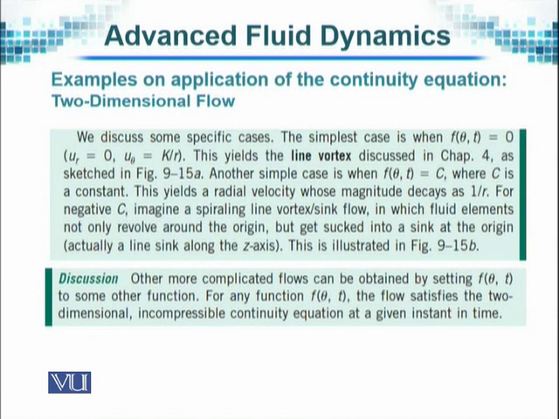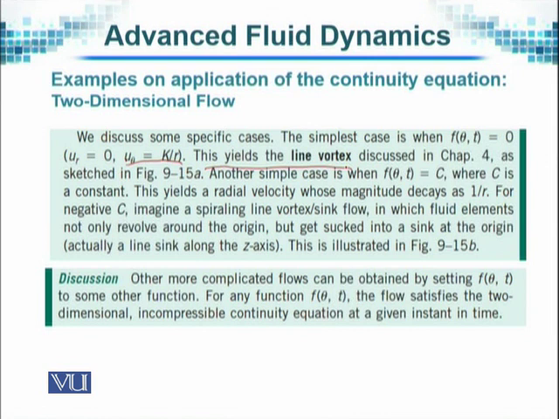We consider again the different situations that may occur here. For example, if f is equal to absolutely 0, that is the value of the constant is equal to 0, then u theta is equal to k over r, and we call it a line vortex that we have discussed when we were considering kinematics of fluid flow.